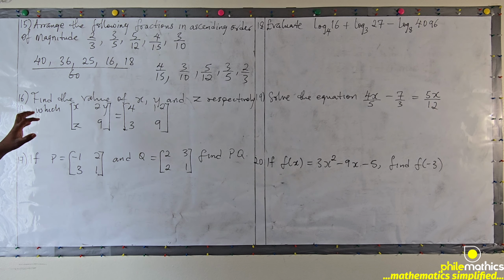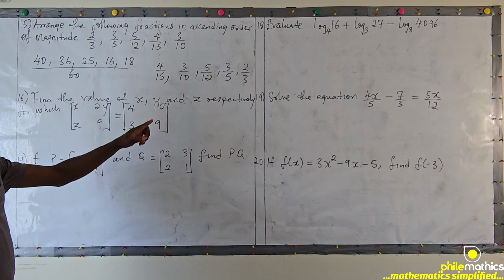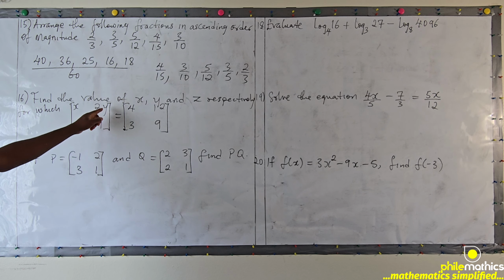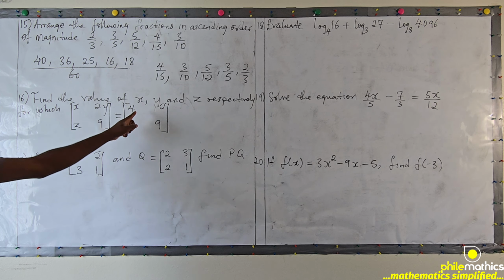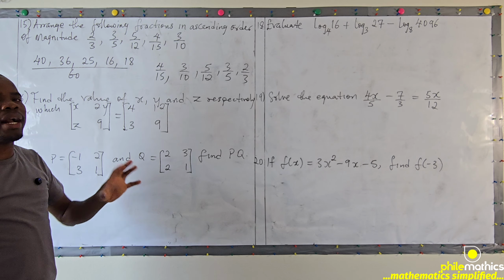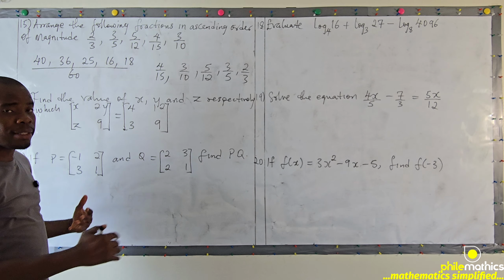16 says, find the value of x, y, and z respectively, for which [x, 2y, z, 9] equals [4, 12, 3, 9]. The property we use here in matrices is that two matrices are equal if their corresponding entries are the same. That is the only time we are guaranteed for two matrices to be equal.